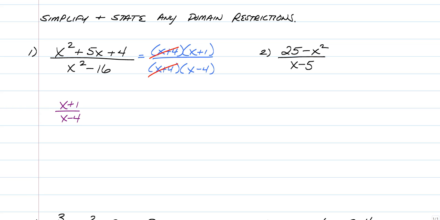We know that you cannot divide by 0. So to find one of your domain restrictions would be to set your denominator equal to 0. And that's the value that x is not allowed to be. So if we were to take x minus 4, set it equal to 0, we would get x is equal to 4. Now that is going to be one of our domain restrictions.